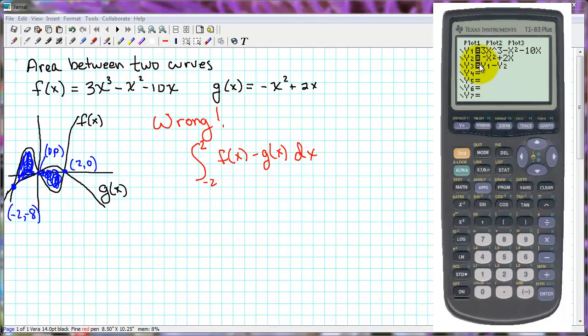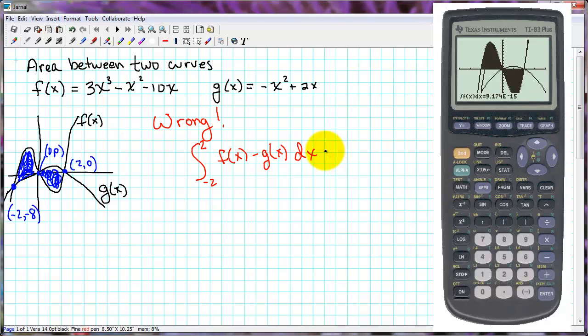And now I'm going to integrate my difference function here between -2 and 2. So again, we want to make sure we are integrating our y3, and we're going from -2 to 2. And our integral we get is essentially 0.